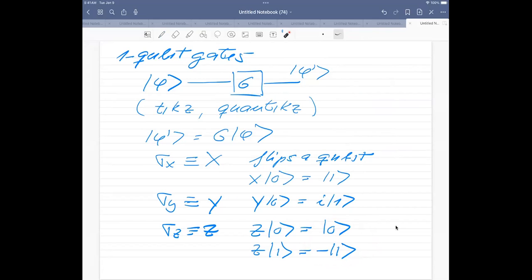Then you can rotate the states on a sphere by these rotation matrices. And we are going to use these rotation matrices to describe a 1 qubit state on the Bloch sphere in an arbitrary state, given by arbitrary angles. And this is what we will use as an ansatz for the variational quantum eigensolver.